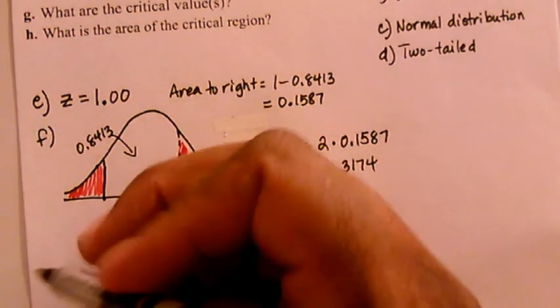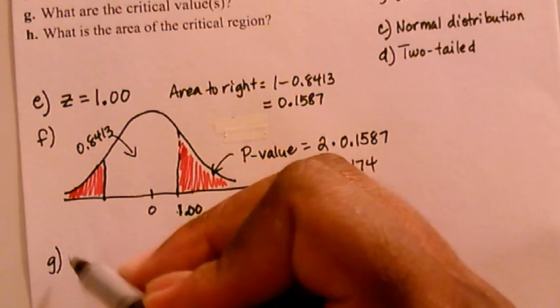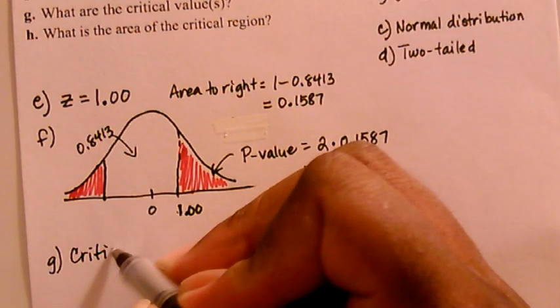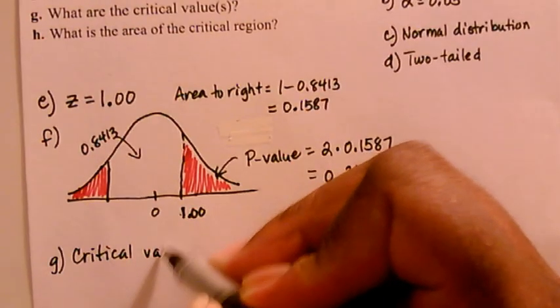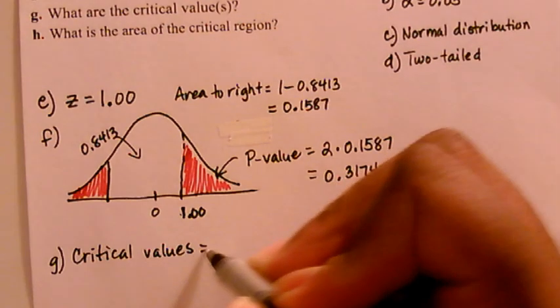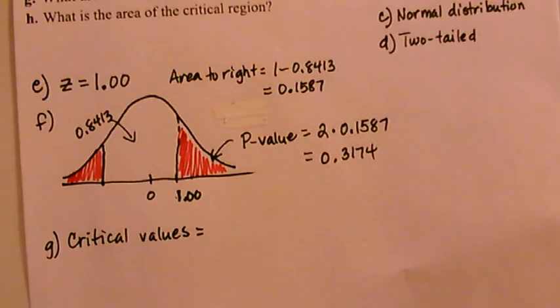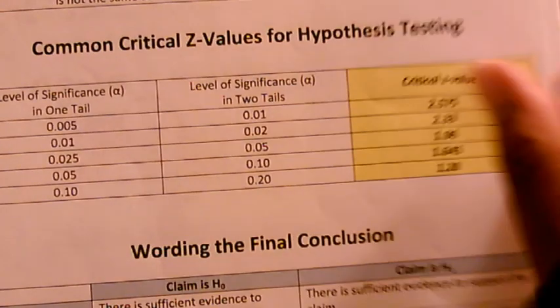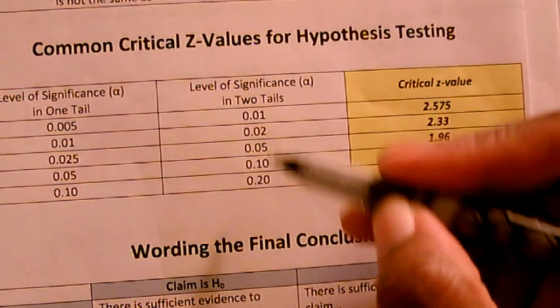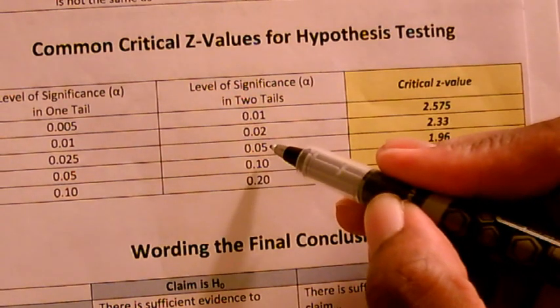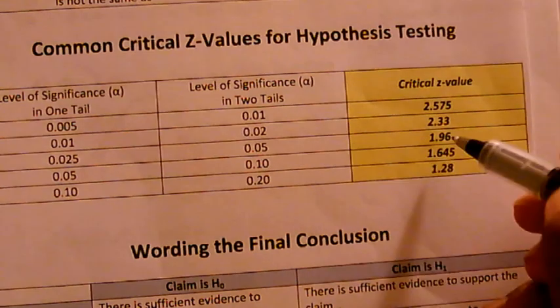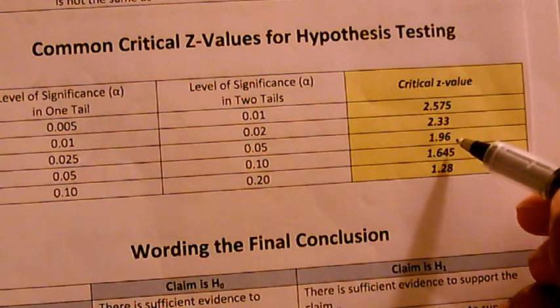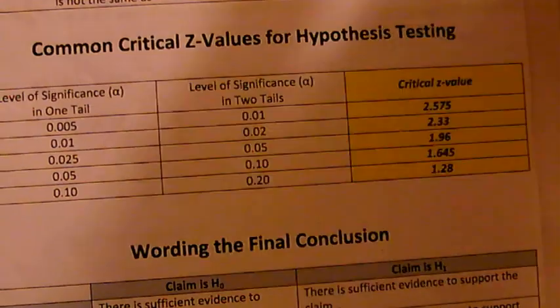Part G, they want the critical value. Actually, yeah, 2 critical values since it's a two-tailed test. Now, in this case, we're dealing with a 0.05 level of significance in 2 tails. So we look at level of significance in 2 tails, find 0.05, read the critical value to the right, that's 1.96.